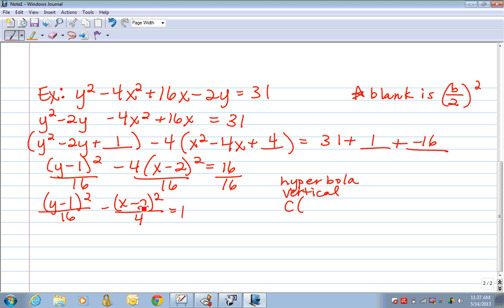We know that the center is h, k. Remember, h is with the x, k is with the y, so that is 2, 1. A squared is always the first denominator, so that's a 4 for a squared, and b is 2. So this graph is going to go from the center vertically the a amount and horizontally the b amount.